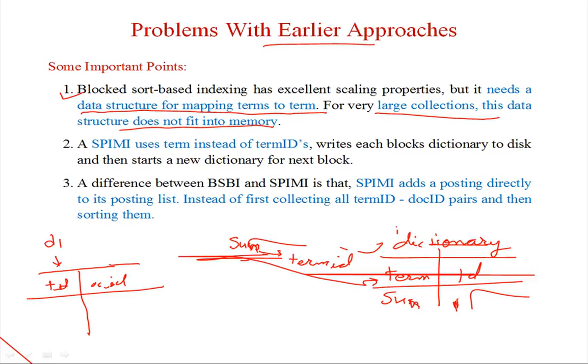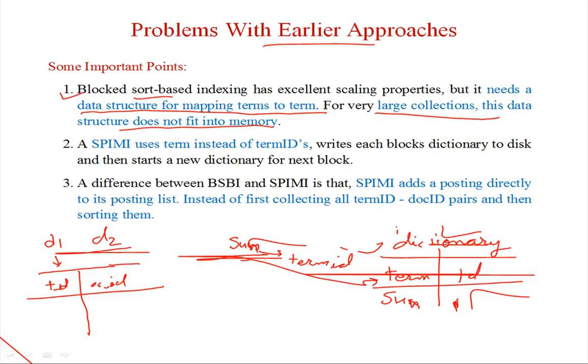For example, now the next document D2 comes, then for terms of that document we will continue this process, and after some time this dictionary's size will become very huge, and it will be very tough to maintain this dictionary in main memory. So this is a major problem of blocked sort-based indexing.